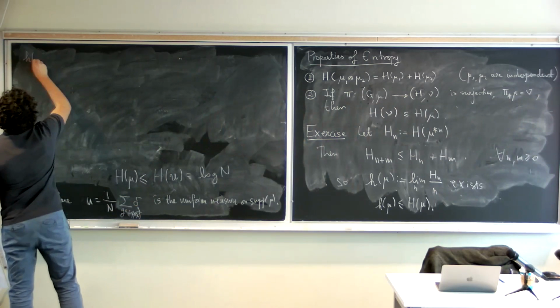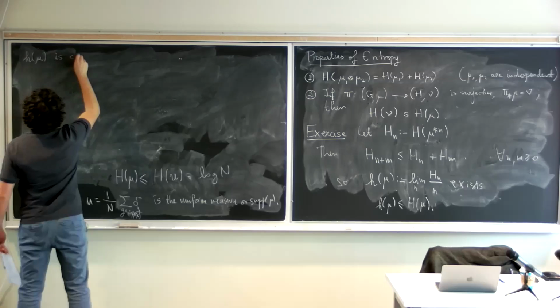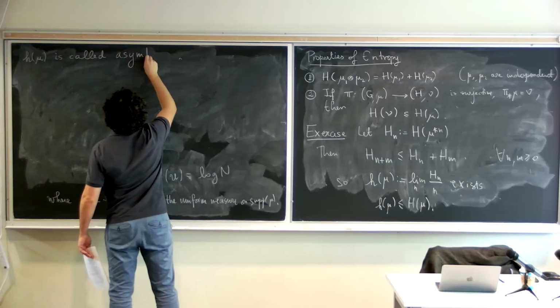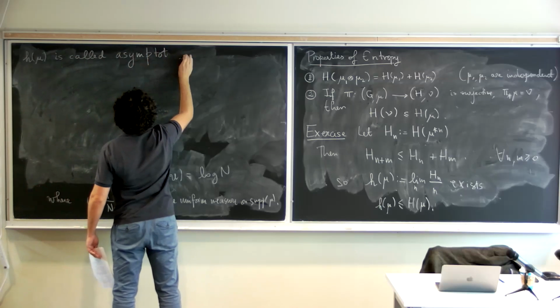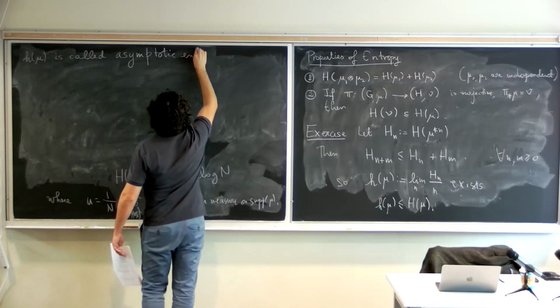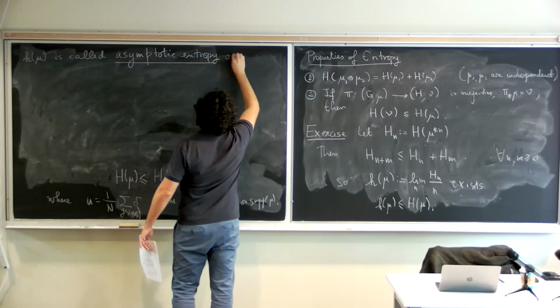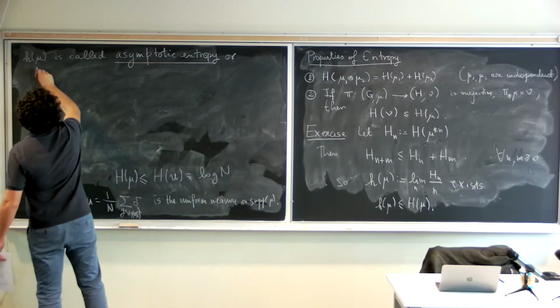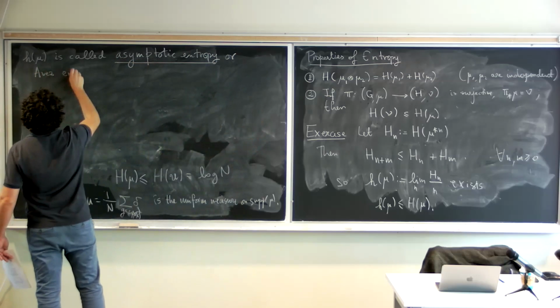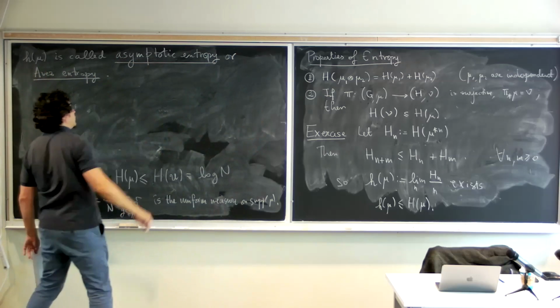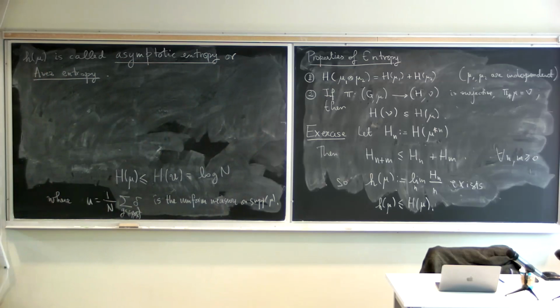So h of mu is called asymptotic entropy, or Avez entropy.